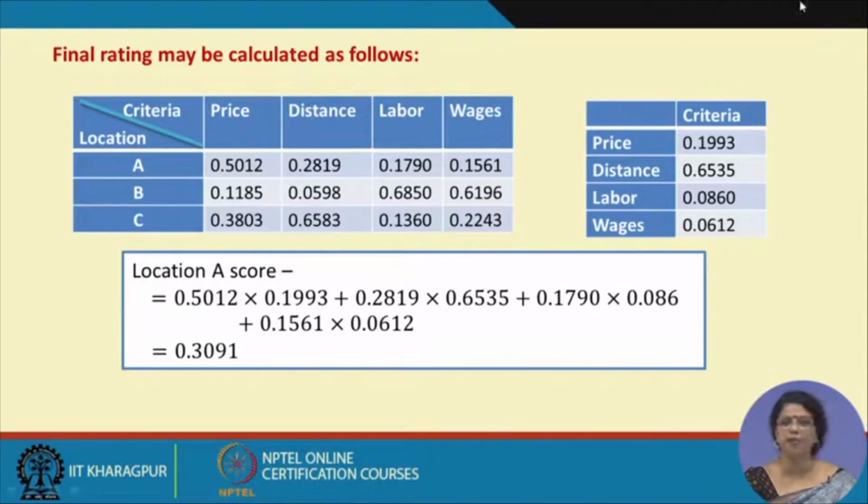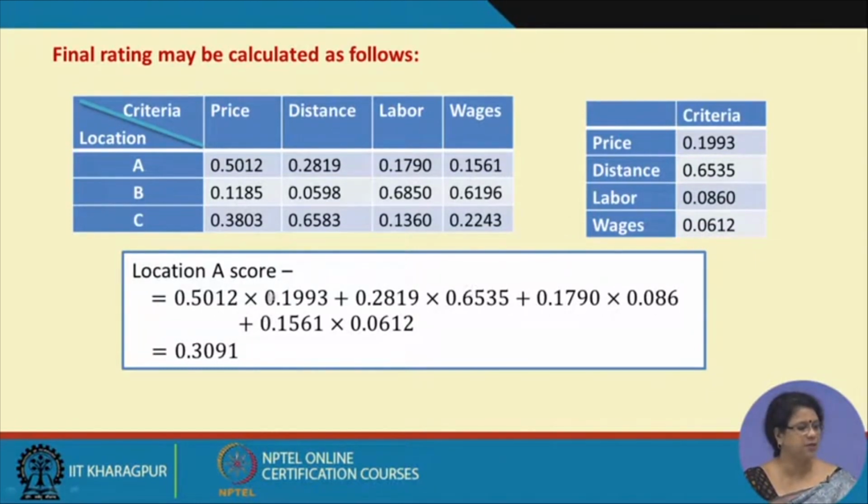Now, after that we make the score of each individual location. How will we make the score? That is very simple. We take this criteria weight multiplied with respect to location A, plus the next one, 0.1790 into 0.0860, 0.1561 into this one.